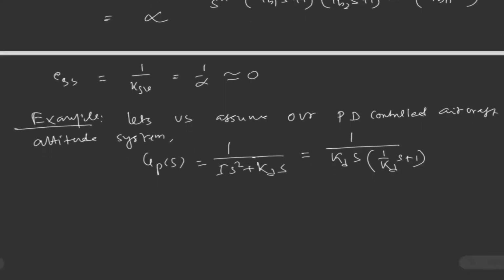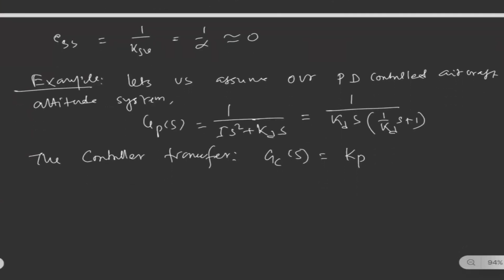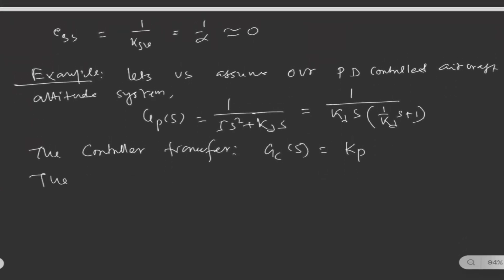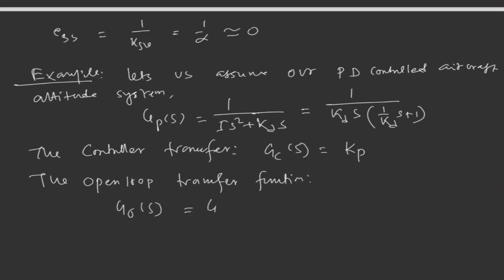And the controller transfer function for this particular case, if you remember, we had GC of s equal to KP. And the open loop transfer function, we can write G naught of s equal to GP of s times GC of s, equal to KP divided by KD s times 1 by (I/KD s plus 1).